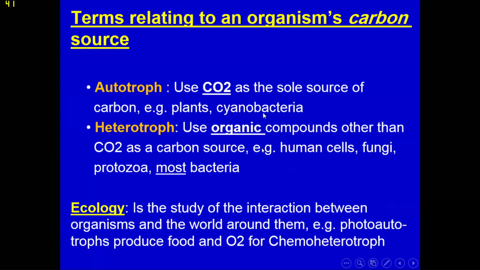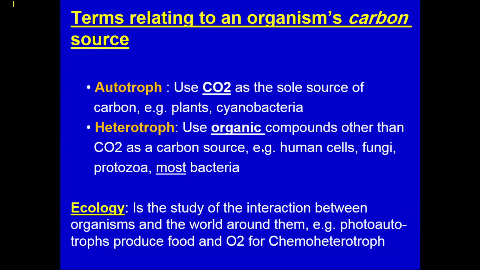Cyanobacteria: if I ask you from where cyanobacteria get the carbon, you will say from CO2. Why? Because they are autotrophs. Hetero means they use organic compounds, not CO2. Examples: human cells, fungi, protozoa, most bacteria. Remember this: most bacteria are heterotrophs.